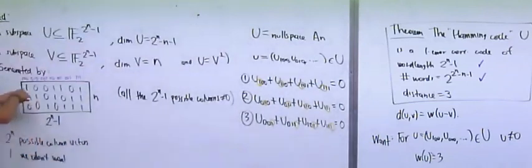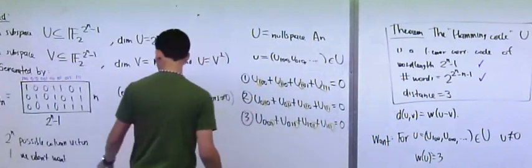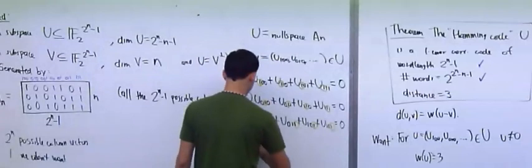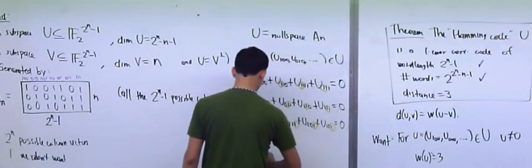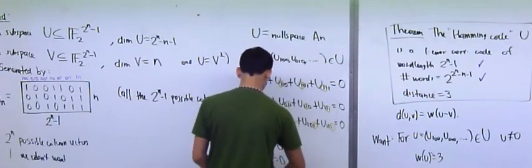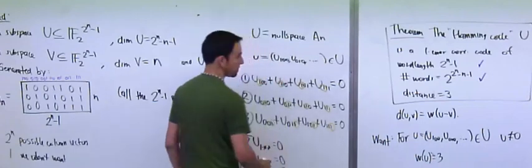So these are the conditions that you need to be in the null space. The summation of u1** is equal to 0. The summation of u*1* is equal to 0. The summation of u**1 is equal to 0.